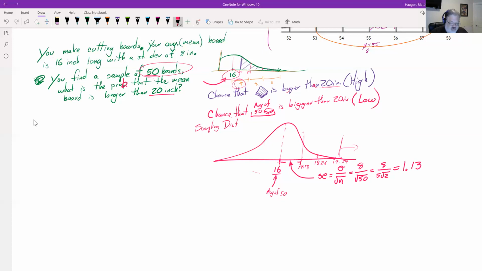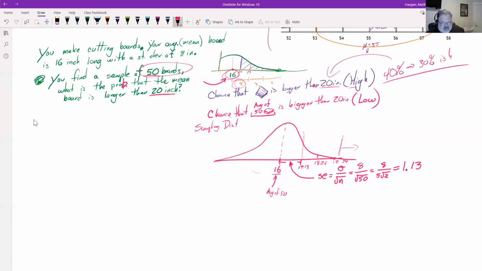What are your chances of getting one that's 20 inches or more? Well, if you're just getting one, it's a pretty good chance, right? That's your high. Maybe, and I don't know what it is, maybe 40% to 30%-ish, right? You have a pretty good chance of getting a big cutting board if you're only grabbing one, right? Because the average is 16, so you might get a smaller one, you might get a bigger one, but there are a lot of bigger individual cutting boards, right?